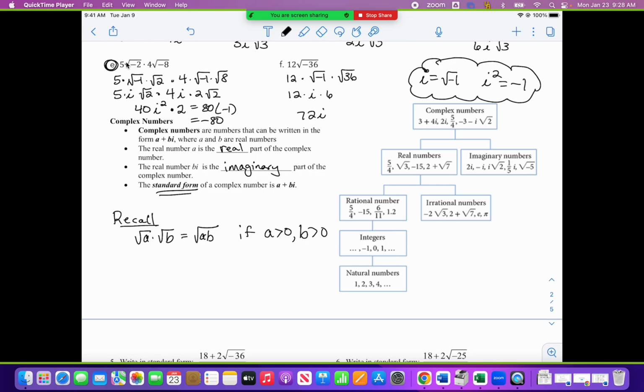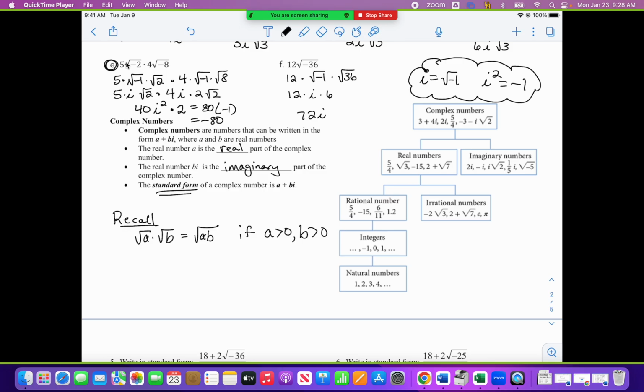Underneath the complex numbers, we can split it into real numbers and imaginary numbers, okay? Under the real numbers, you had rational and irrational. Rational numbers can be written as a ratio of 2 integers, okay? People say, when you say fraction, that's not square root 3 over 2. It has to be a ratio of two integers.